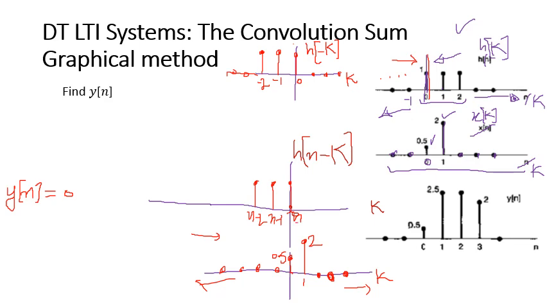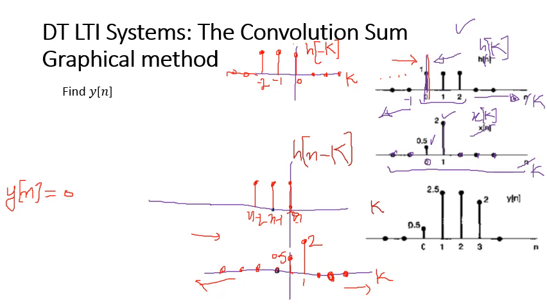So this sample multiplied with this will result in some non-zero values, but this point multiplied by this will again result in 0. Again this point multiplied by this will again result in 0. So we do the product and sum.